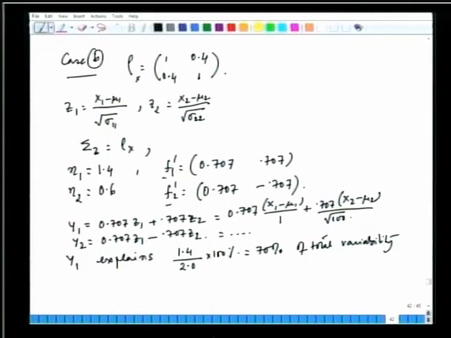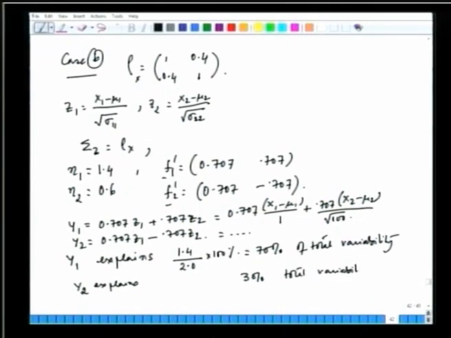And y2 explains the rest of it, because y1 and y2 together will account for the total variability.